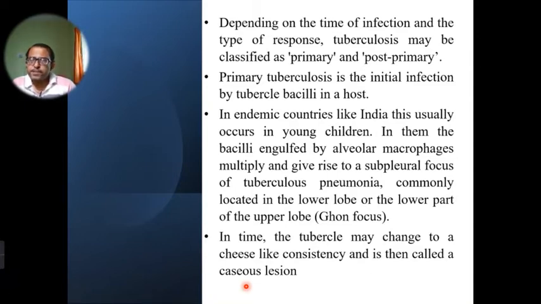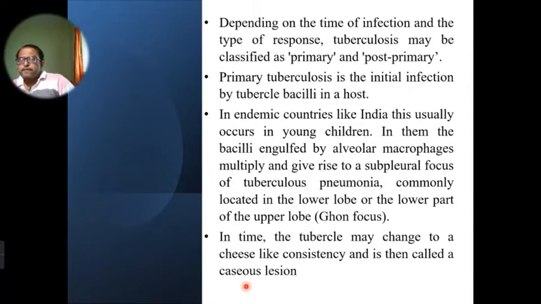Now, in endemic countries like India, this usually occurs in young children. This primary tuberculosis infection occurs in childhood.